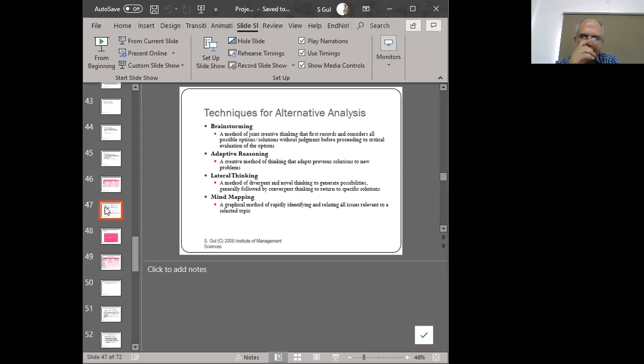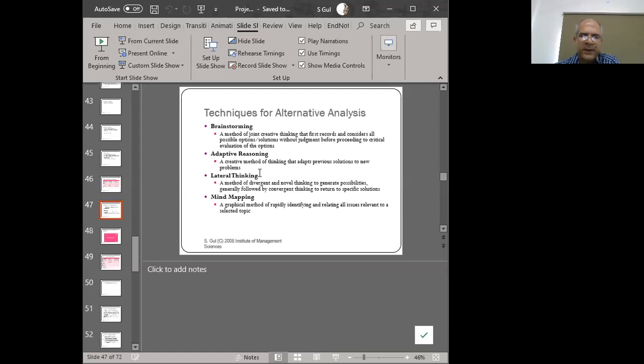So that is called lateral thinking. It's a little bit different from brainstorming, because in lateral thinking, you have to first diverge in your thinking, and then the group has to converge in their thinking. So there are judgments being passed while this convergence and divergence is taking place, whereas in brainstorming, that is not happening.